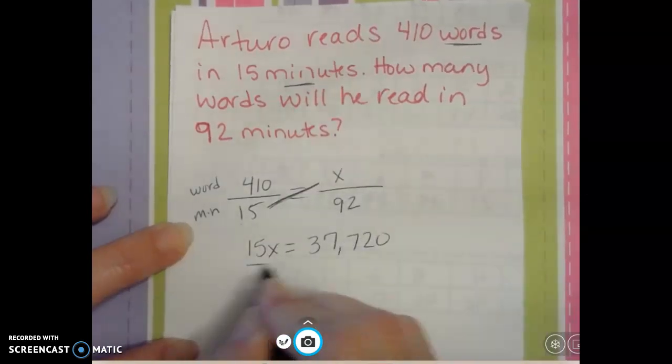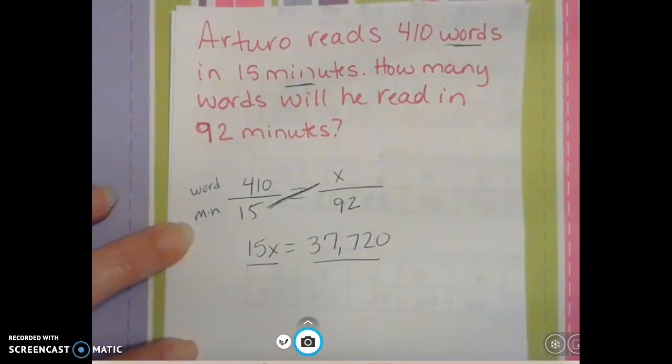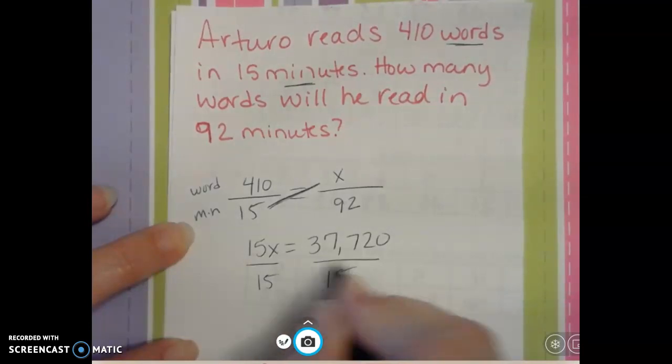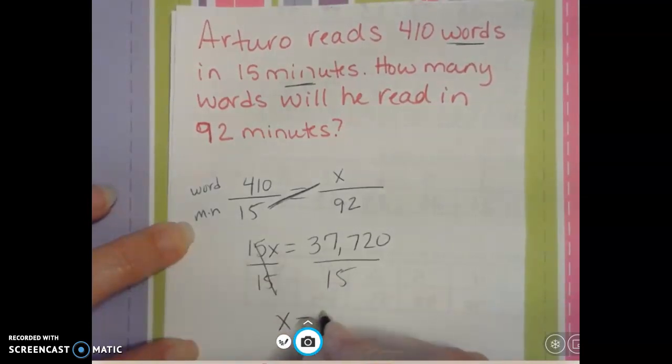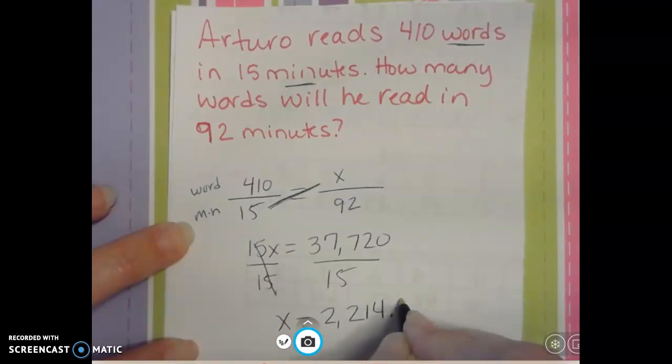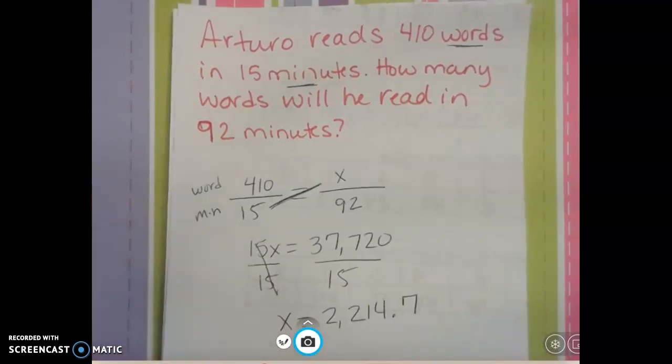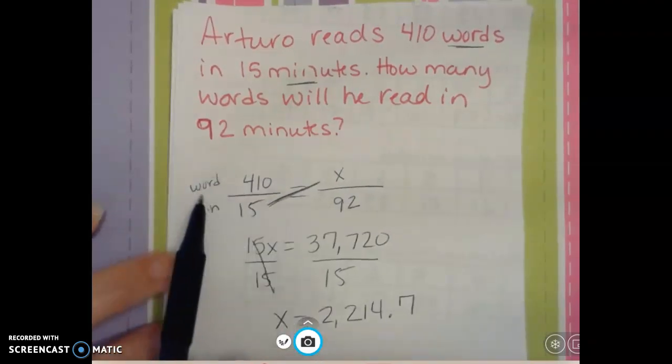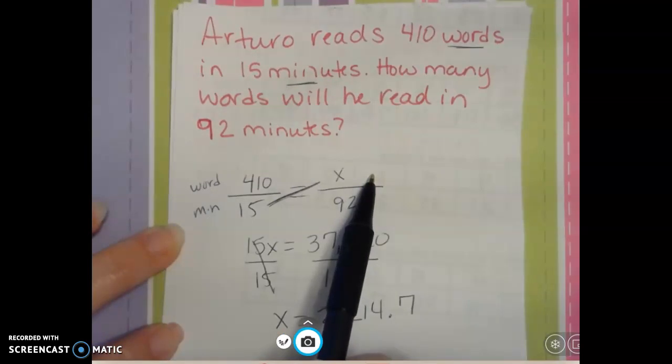Now we're going to divide both sides by 15. And x equals 2,214 point. There's a whole bunch of sixes, so I'm going to round to 0.7. Okay, remember the key is to keep it consistent. Words and minutes, words and minutes.